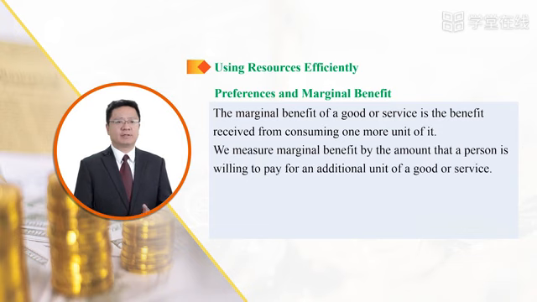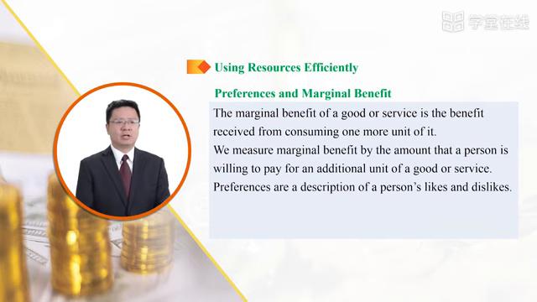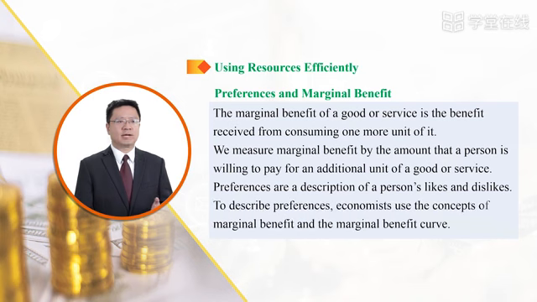Marginal benefit and preferences stand in sharp contrast to marginal cost and production possibilities. Preferences describe what people like and want, and the production possibilities describe the limits or constraints on what is feasible.